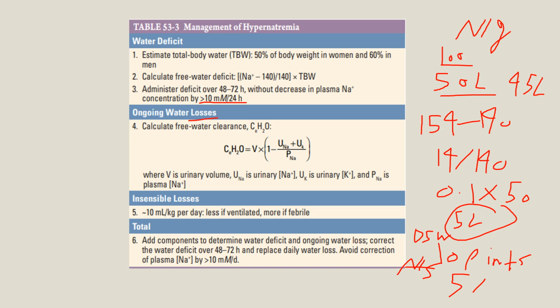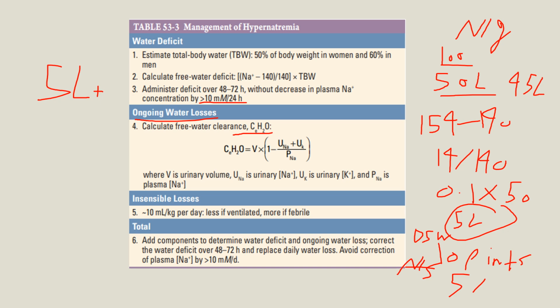Now, ongoing water losses. Because we have already determined how much of a deficit the patient has, now we have to determine how much she's already losing, because we have to replace the 5 liters of free water plus whatever she is clearing per day.